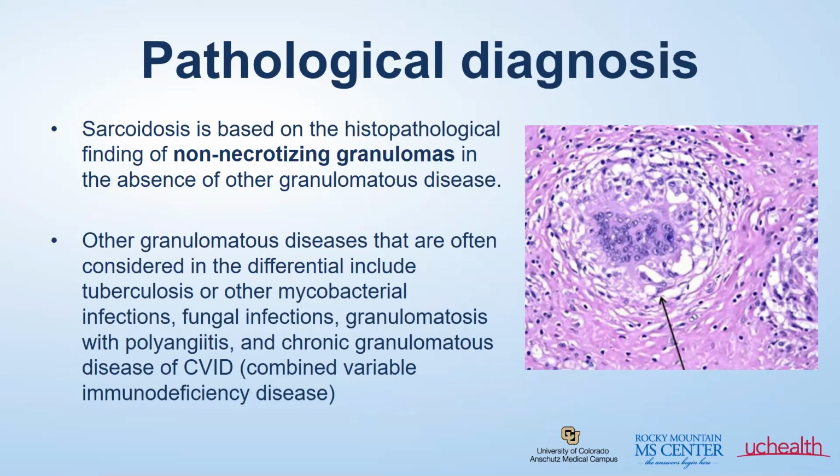Sarcoidosis is described as non-necrotizing granulomas, and it's important to rule out other diseases that can cause granulomas, including tuberculosis or other mycobacterial infections, fungal infections, and other autoimmune diseases, such as granulomatosis with polyangiitis, which is a type of vasculitis caused by a rheumatologic disease, and chronic granulomas of CVID, or common variable immunodeficiency.